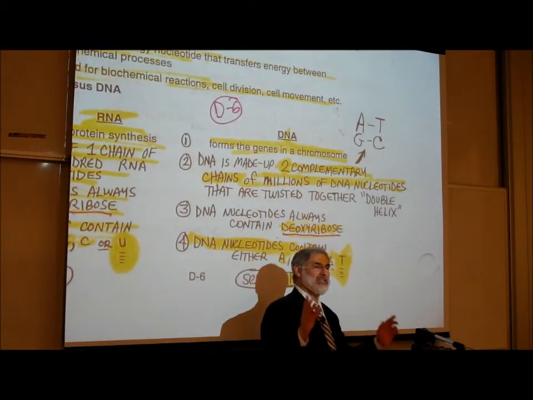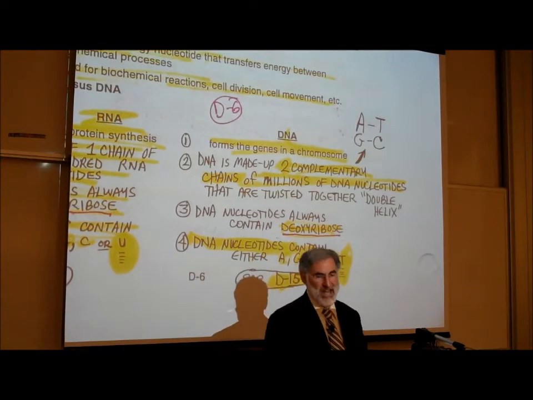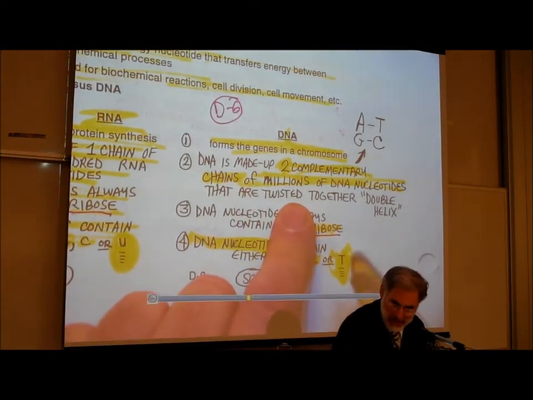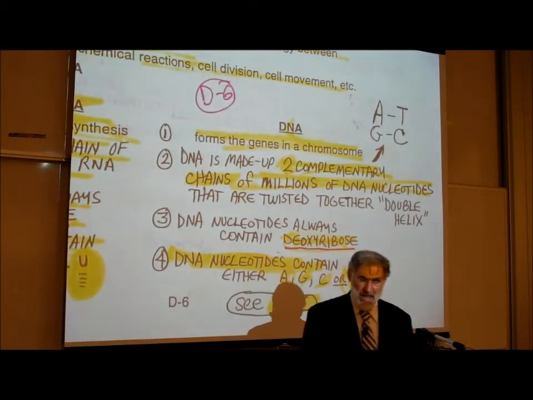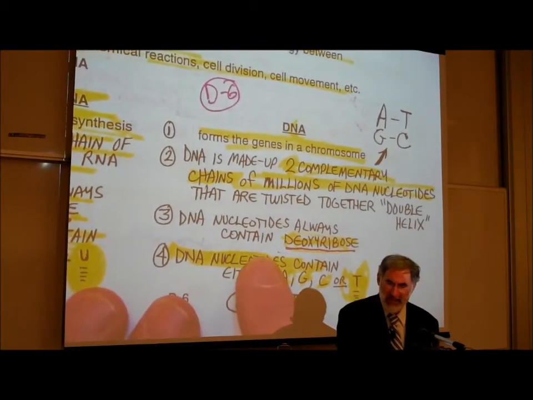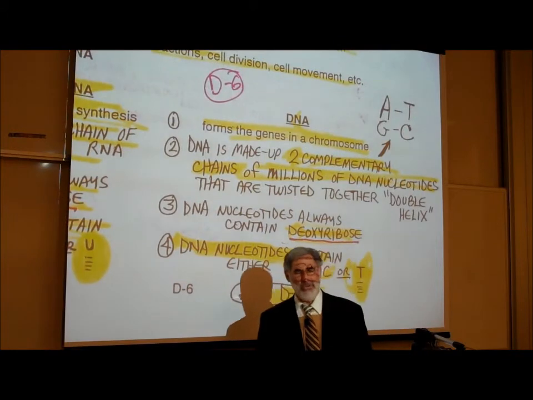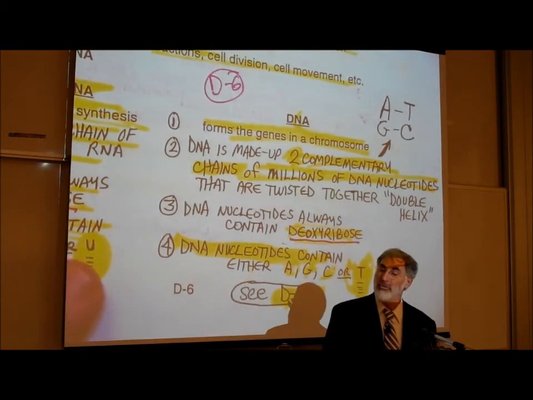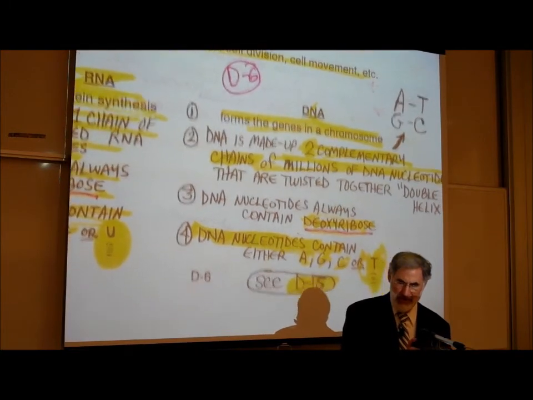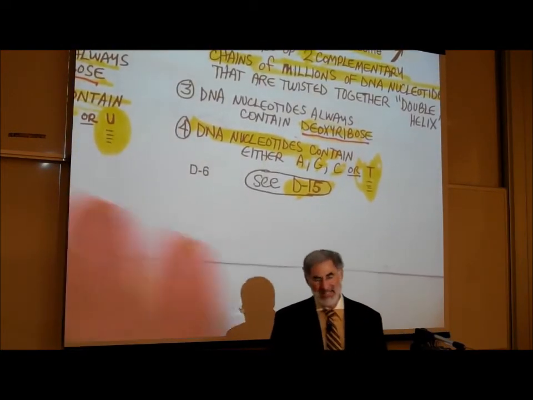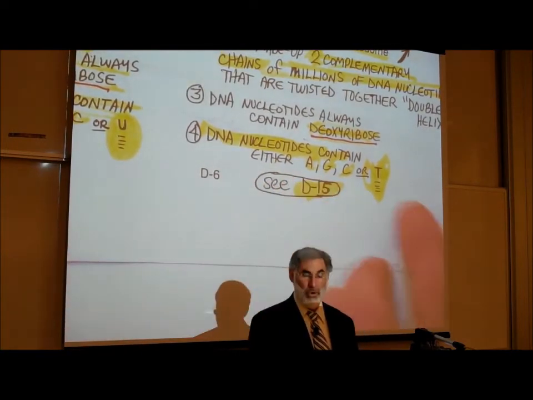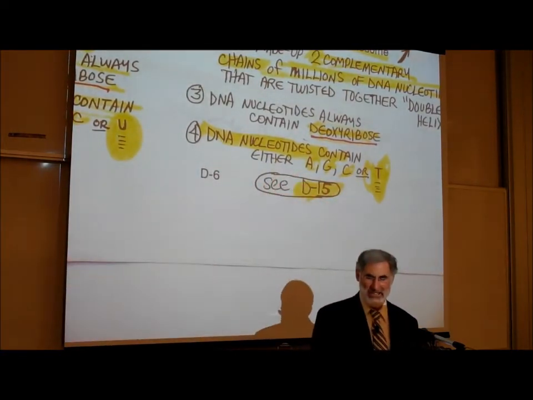And it's not just several hundred nucleotides long, but millions of DNA nucleotides long. Now, in the DNA nucleotides, it always uses the sugar deoxyribose rather than the sugar ribose, which is used in RNA nucleotides. And the bases that make up DNA nucleotides are A's, G's, C's, or T's: adenine, guanine, cytosine, or thymine.